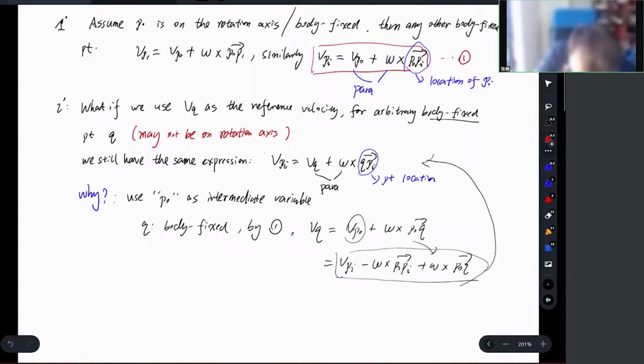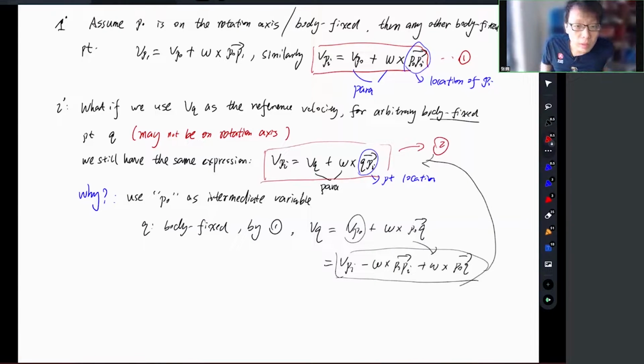Let's call this one equation 2. Okay, I hope that's clear now. So no matter what point I pick, if I know this body fixed point's linear velocity, and I know the angular velocity, then I can use the same formula to express all the body fixed points' velocities.